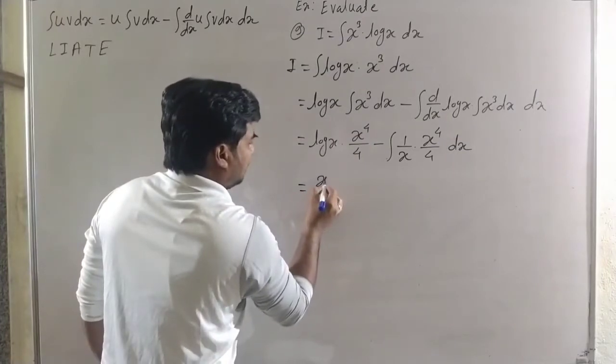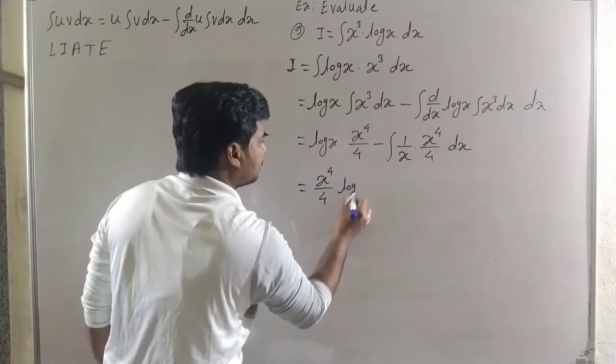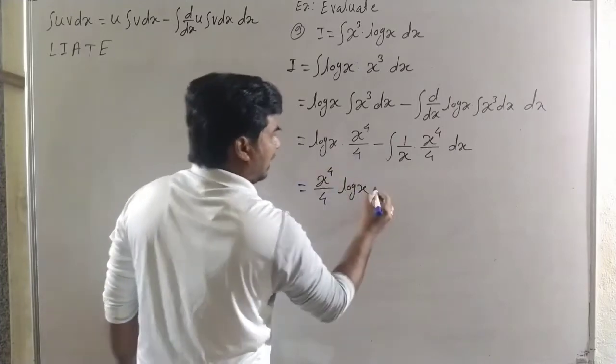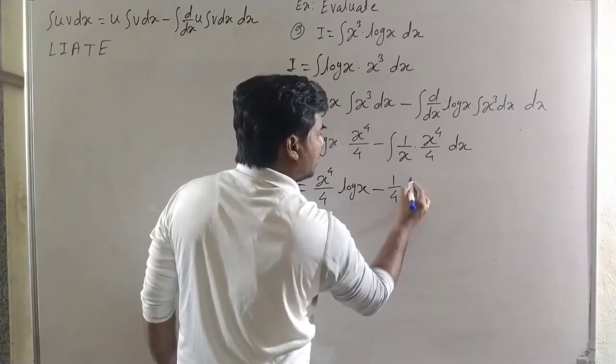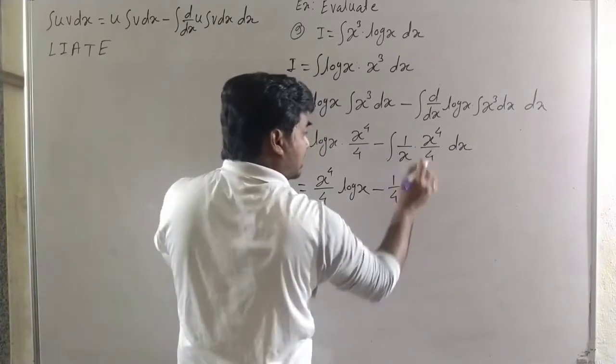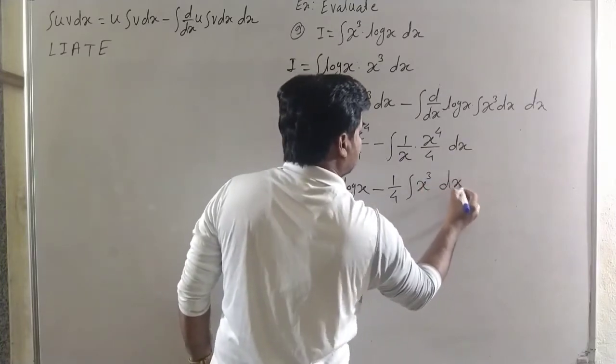Then this can be written as x to the power 4 upon 4 log x minus, here 1 by 4 can be written outside the integral, and x gets cancelled, here we get x cube dx.